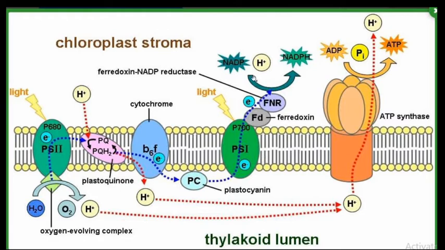At the ferredoxin, NADP combined with H positive ion, and there is a development of an energy rich molecule, that is NADPH. While here the ADP molecule is combined with inorganic phosphate, then there is a construction of an ATP molecule, which is an energy rich compound.